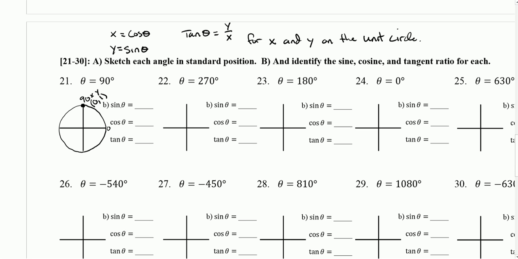And so the sine is your y value, so 1. Cosine is the x value, 0. Tangent is y over x, so 1 over 0. But we can't divide by 0, and so we say undefined.